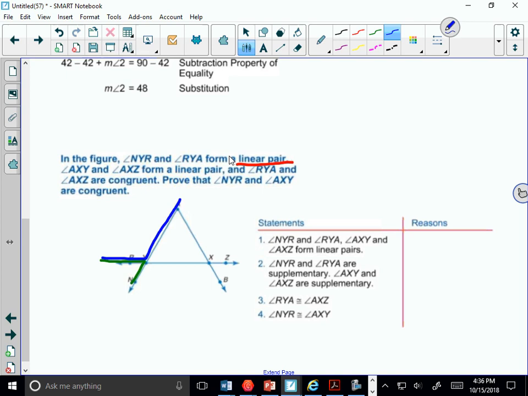So we've got those as a linear pair, and then AXY and AXZ are a linear pair, and RYA and AXZ are congruent. Prove that NYR and AXY are congruent as well. So let me kind of sketch this out. AXY is right here.